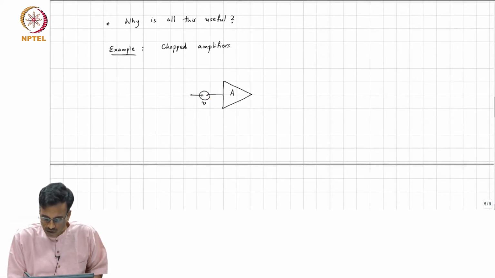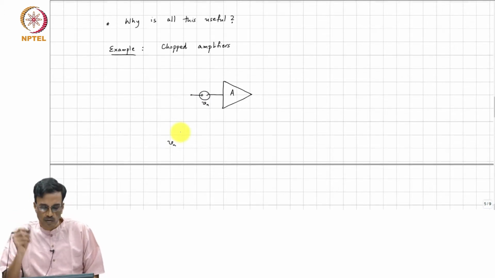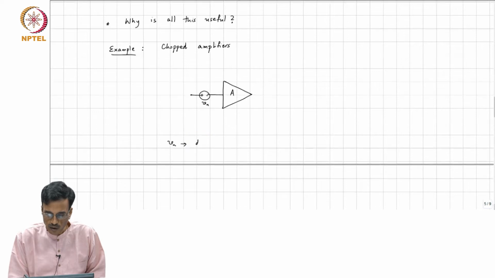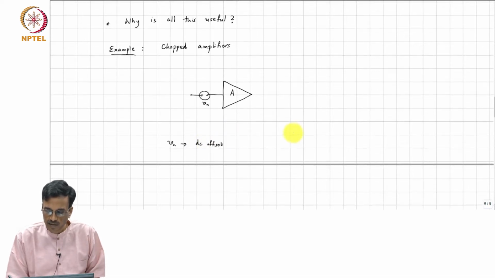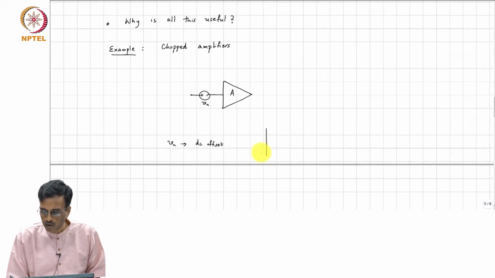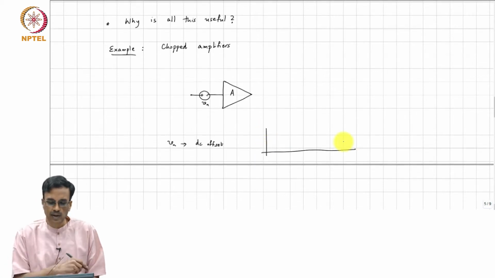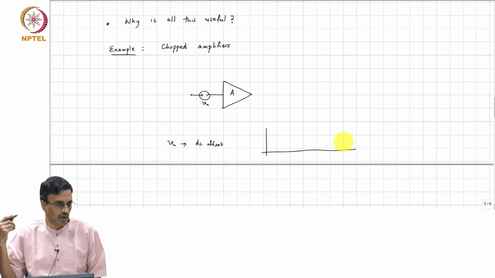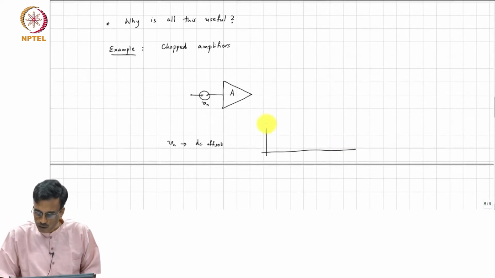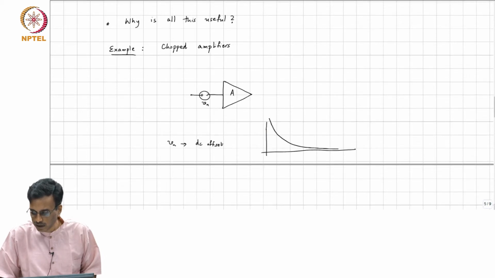So this Vn is an input referred voltage which has a DC offset, plus it also turns out that there is something called flicker noise. If you look at the spectral density of the equivalent input referred noise voltage, it will have a shape like this.